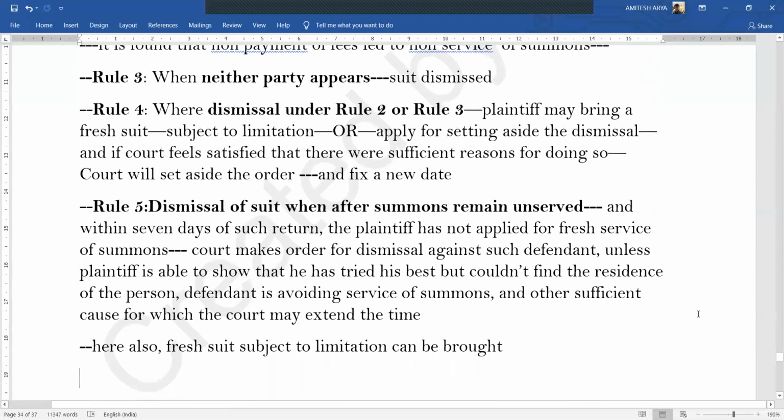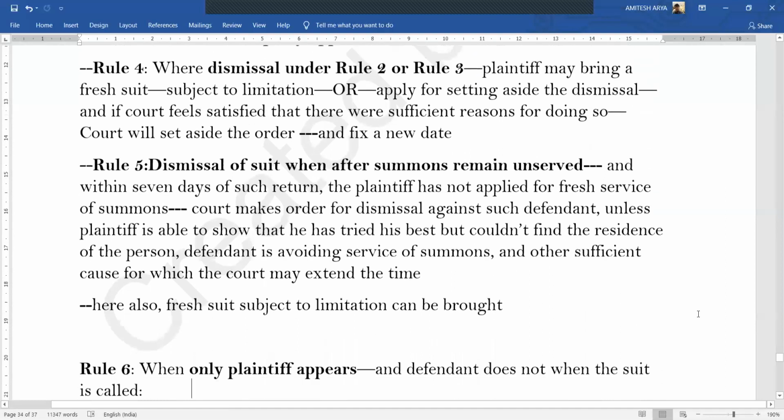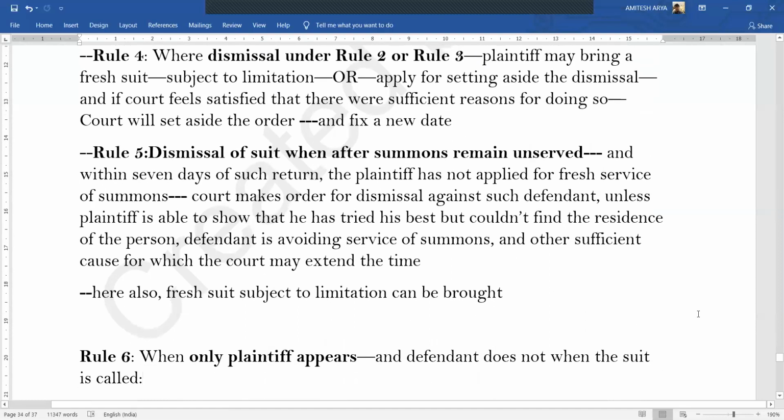Now, Rule 5, dismissal of suit when summons remain unserved. Now, what happens? Summons have been tried to be served to the defendant, but because of some reason it could not be served and returned back empty-handed. This was the noting of the server.